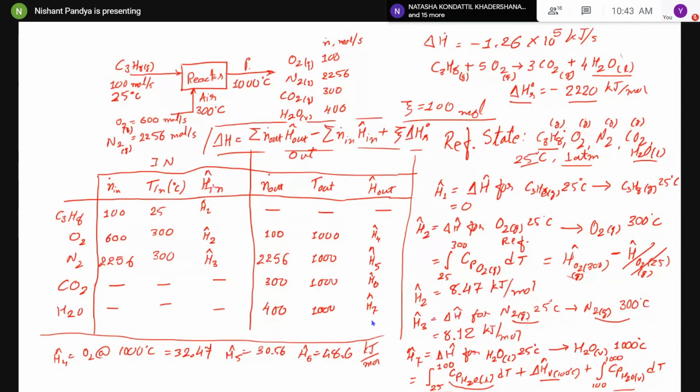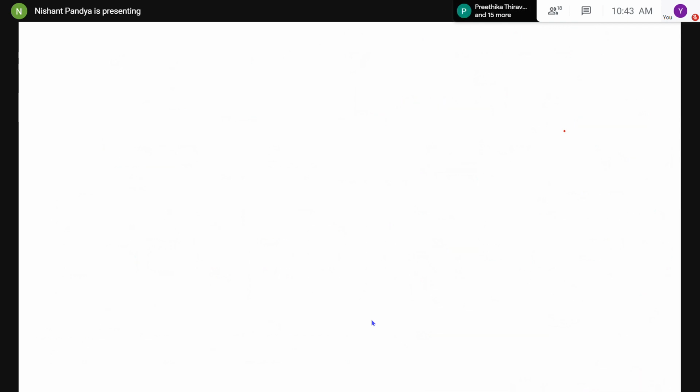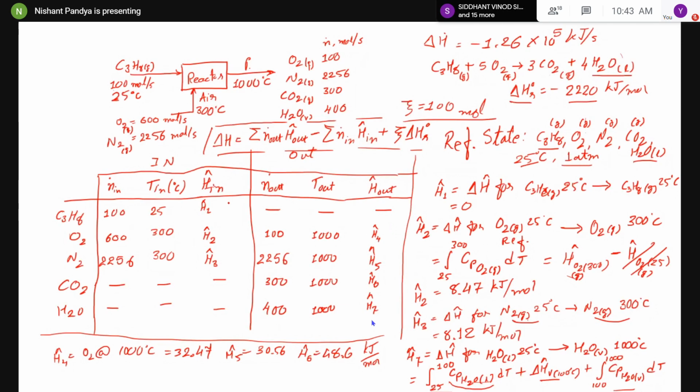So now we have reference components: carbon in solid state, and hydrogen, oxygen, nitrogen, H2, O2, N2 in gas phase at 25 degrees and 1 atmosphere. So we don't need anything else. Now how to do that calculation? The difference here is the material balance, everything is same. The enthalpy table is same. This doesn't change. Only from here onwards, we'll have a different calculation.